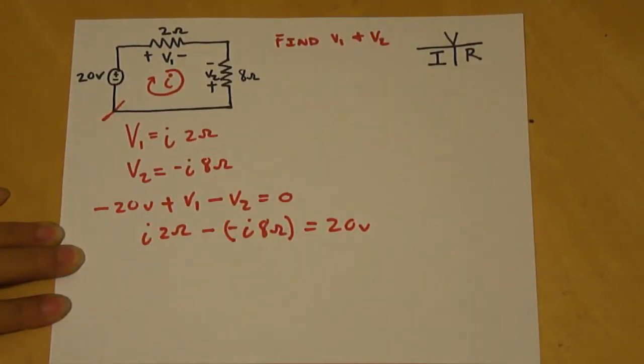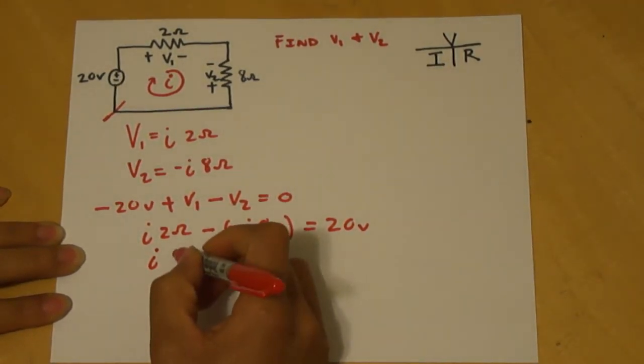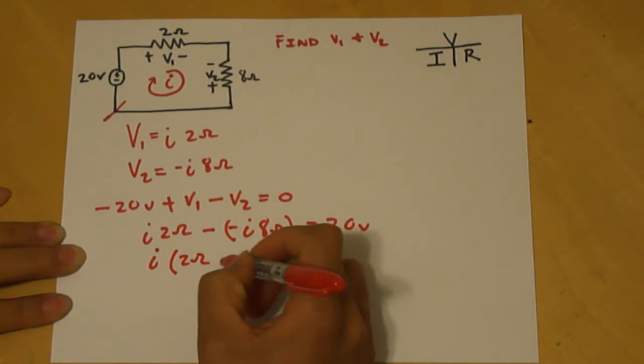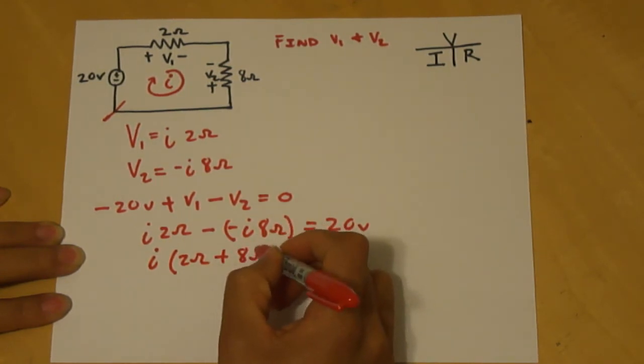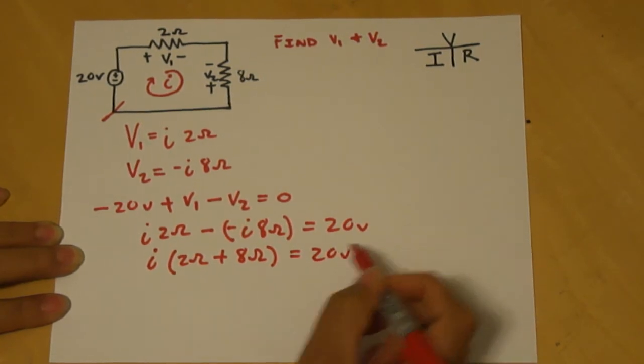We can factor out the I, the current, which is going to be 2 ohms plus 8 ohms, which is equal to 20 volts.